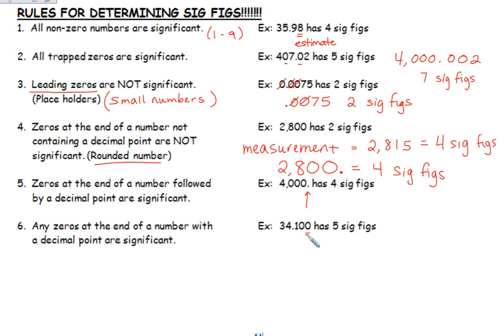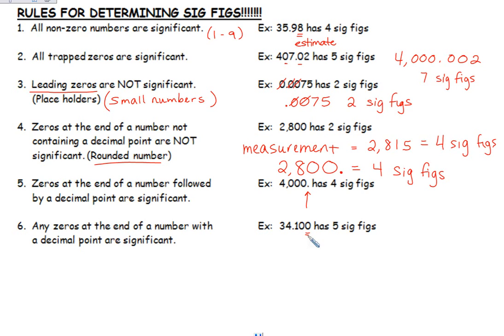And we're going to estimate that it's right smack on the line. You can have zeros as part of your measurement. If there's a decimal spot anywhere in the number, those zeros at the end count. Those were measured. If they didn't want those zeros in, then they'd leave them off.